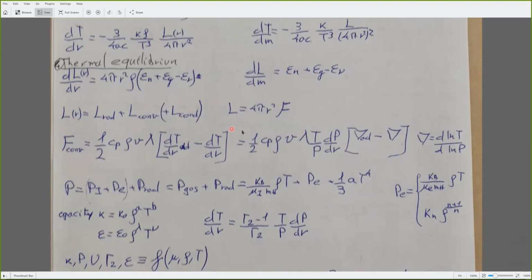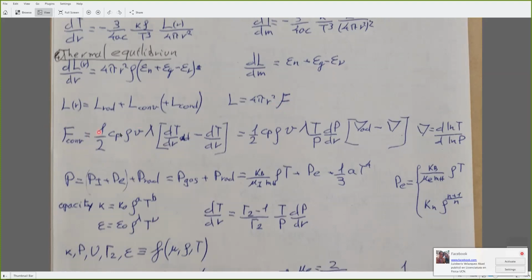Remembering the total luminosity, this is energy by time, power. The relation with the flux is the energy by time by unit of surface.